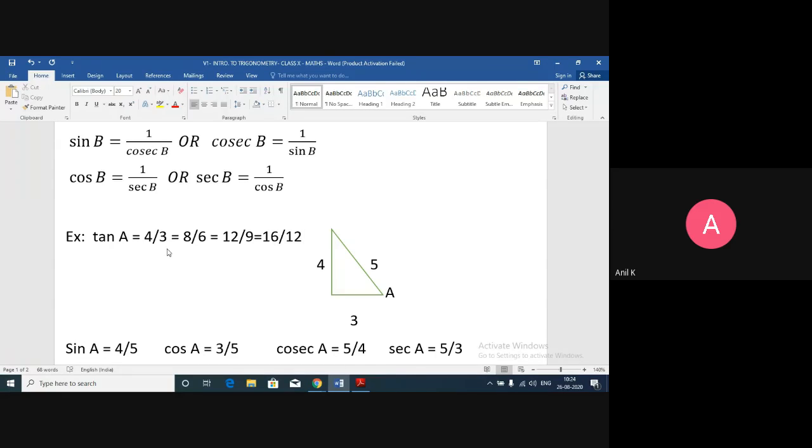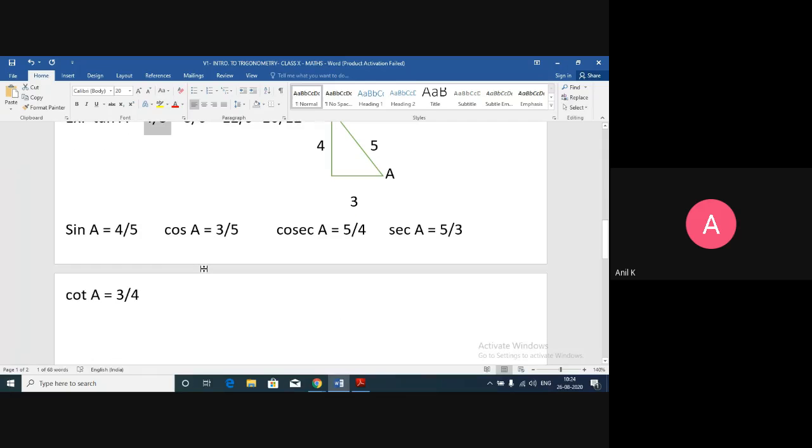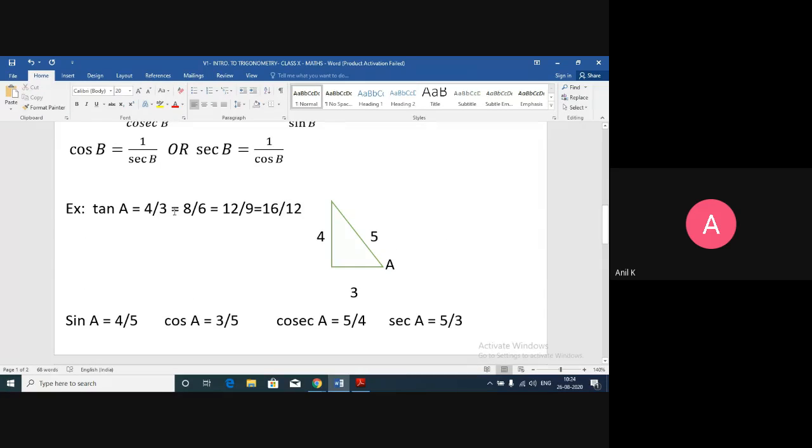All these ratios give the simplest form 4 by 3. So that's why they put the k. Whether you put the k or not, it doesn't make a difference to your answers. Here you get 4k upon 5k. The k's will get cancelled, still it will remain 4 by 5. Here also you will get 3k upon 4k. The k's will get cancelled, still it will be 3 by 4. So it's okay whether you write k or not. It doesn't make any difference in the exam.